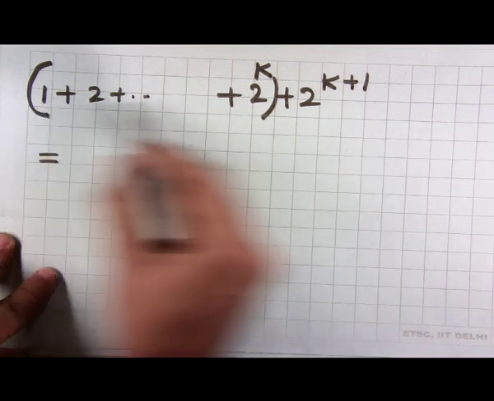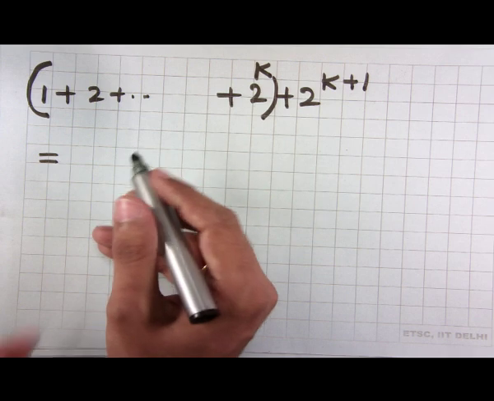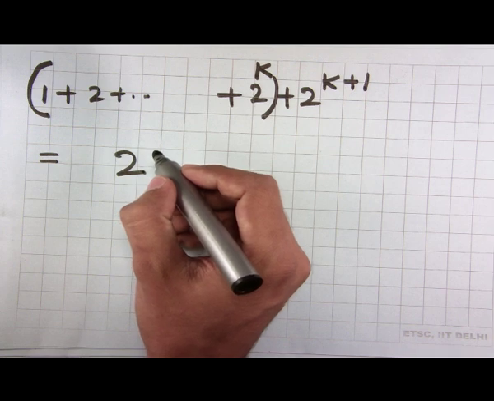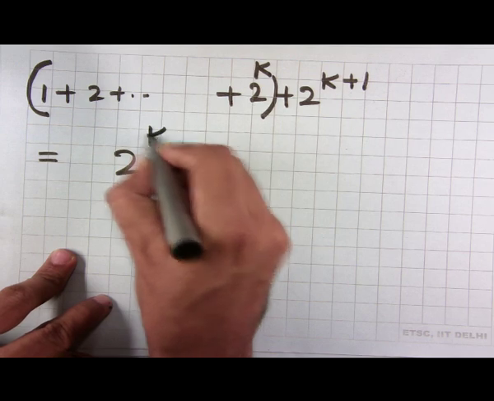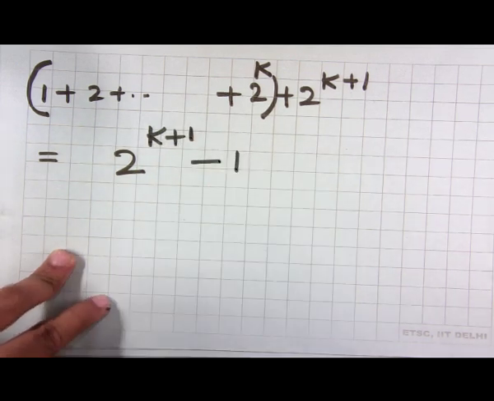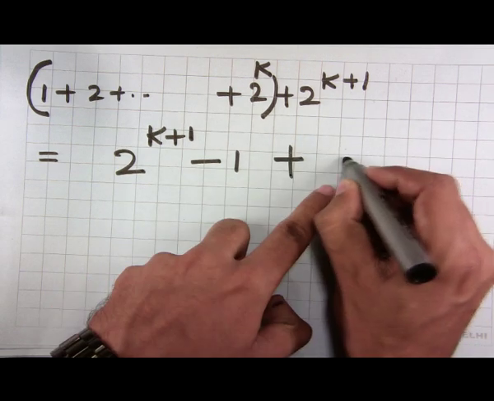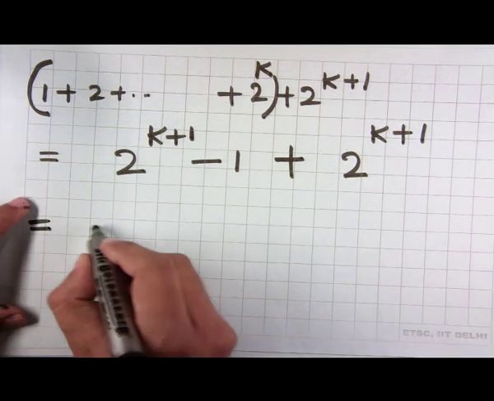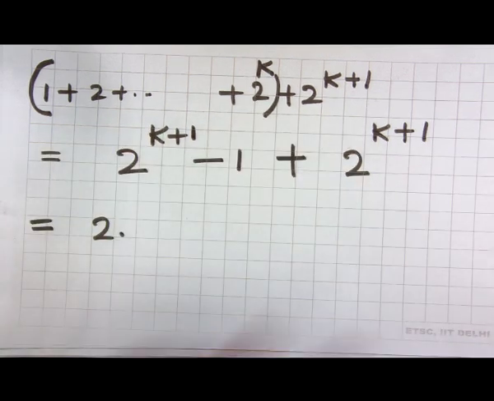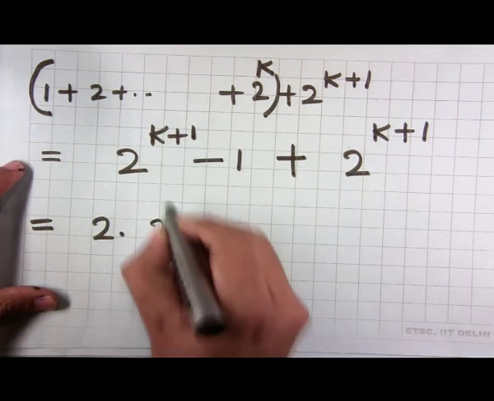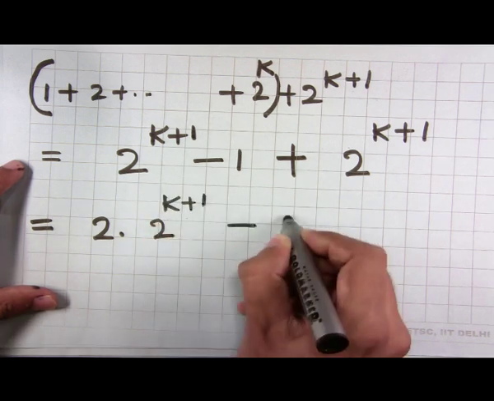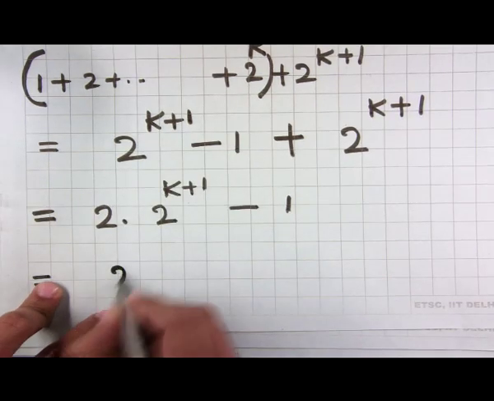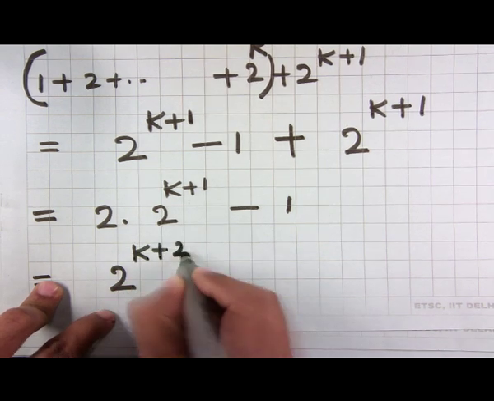Now, the sum in the bracket by the inductive hypothesis is 2 power k plus 1 minus 1, and the entity outside the bracket is 2 power k plus 1. Now, let us combine. 2 power k plus 1 is added to itself, so you have twice 2 power k plus 1 minus 1. Now, by laws of indices, this is 2 power k plus 2 minus 1.